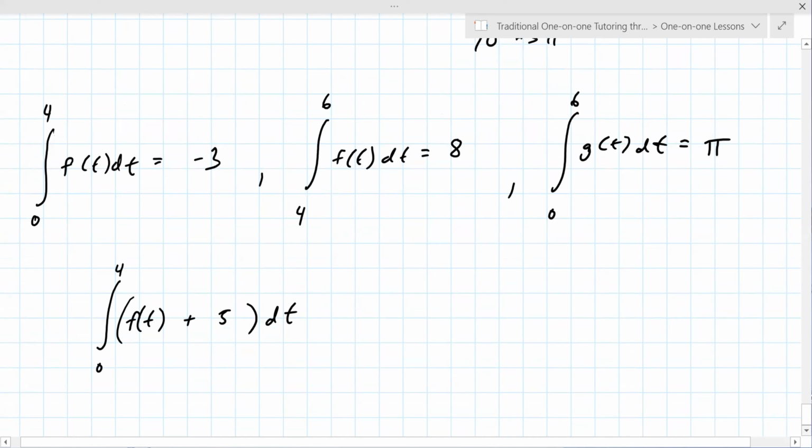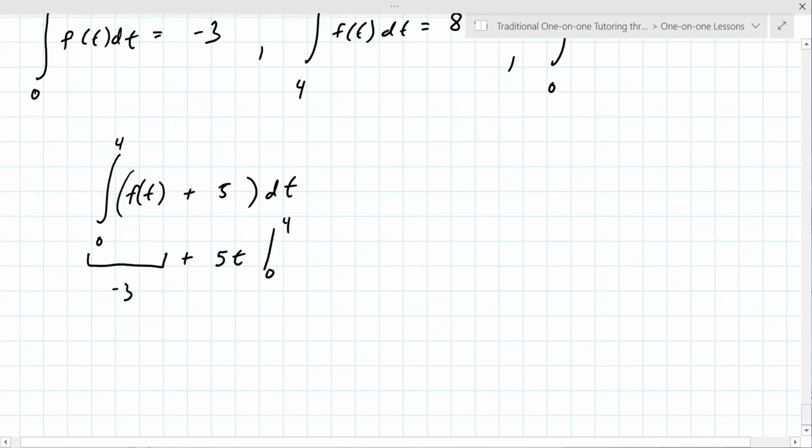Isn't it just negative 3 plus 5 again? This first part's negative 3, but what's the antiderivative of 5? 5t. Yeah, 5t from 0 to 4.